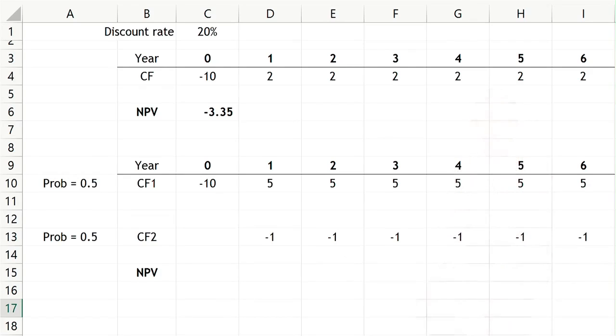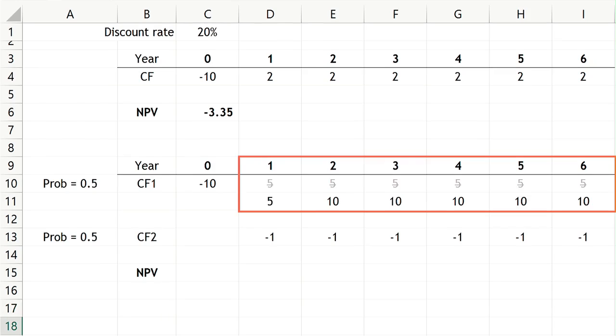Now we have to consider the two different scenarios, case 1 and case 2, both of which have the probability of 50% or 0.5. If we consider the option to expand that we can exercise in year 1, we would need to rewrite cash flows in case 1 in row 11.